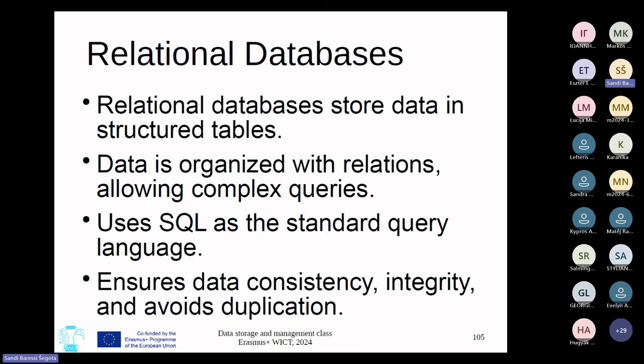This unique key identifies Data Storage, and when I say key, I usually mean a number, but it can be just the name of the class, Data Storage and Management. And this is a separate table of all students that are enrolled in it. So I will essentially have a three-level structure.